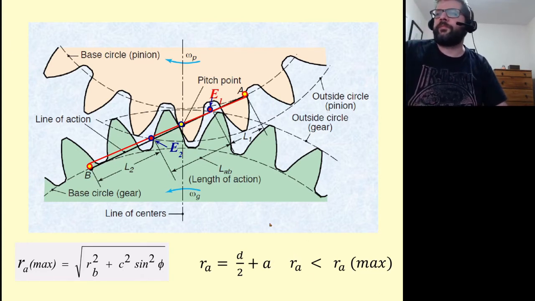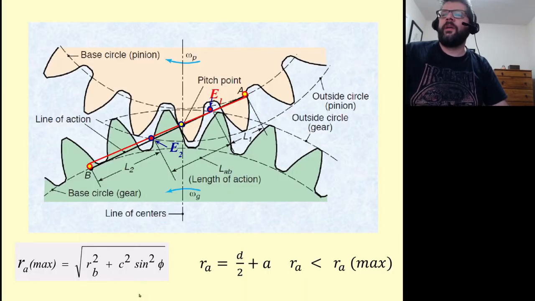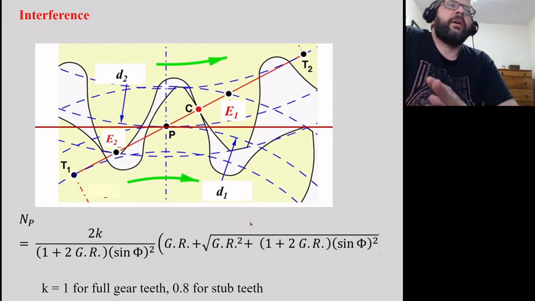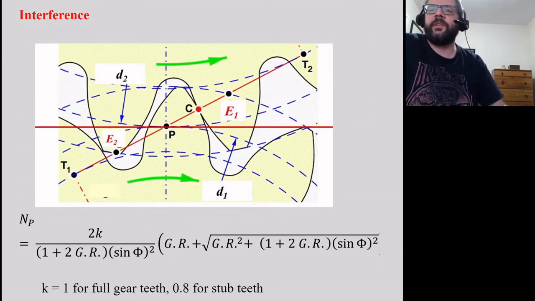Another way of looking at this is that it ends up causing problems when you have a certain number of gear teeth. When you have a low number of gear teeth on the pinion, then it is most likely to cause interference. So this formula here gives you a minimum number of gear teeth on the pinion that you can use in order to avoid interference.